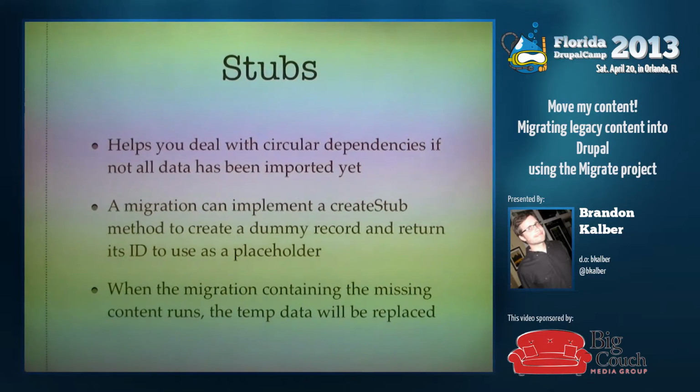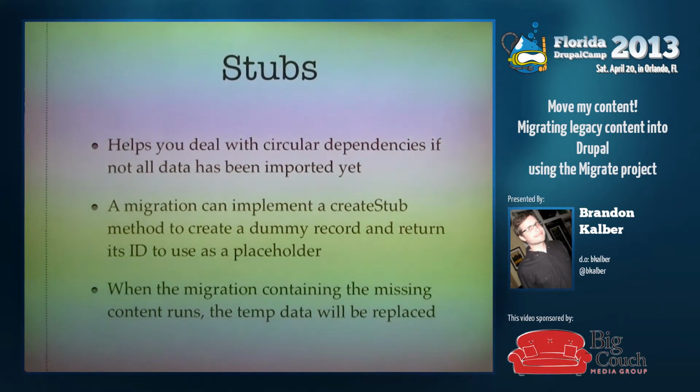Stubs are different, though you're still going to need to define a source migration. A good example: you're importing all blog articles, you have a node reference field, but they're all the same article type. Article A references article B. When you're importing, article A gets imported, but article B hasn't been imported yet, so what do you do? Stubs help you handle that.